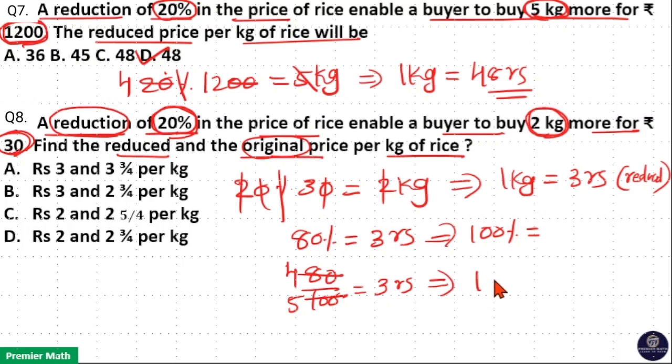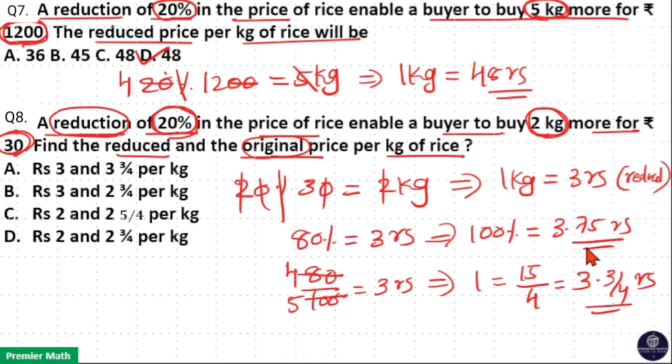So 1 unit is equal to 3 into 5, 15 divided by 4, which is equal to 3 and 3 by 4 rupees, which is equal to 3.75 rupees. That is original price is equal to 3.75 rupees and reduced price is equal to 3 rupees. That is option A is your answer.